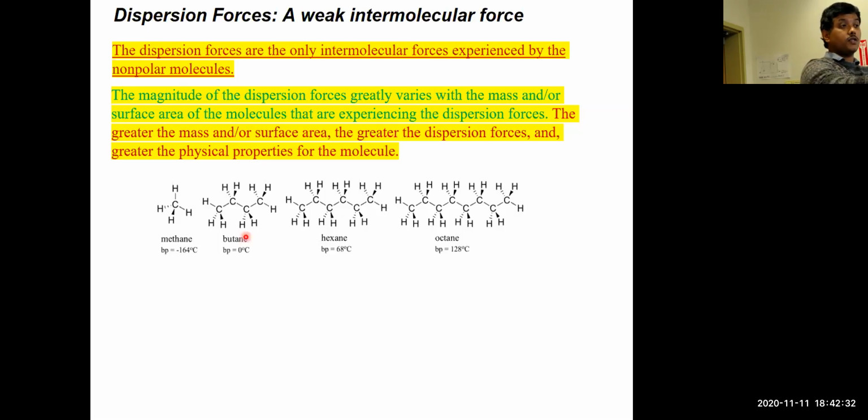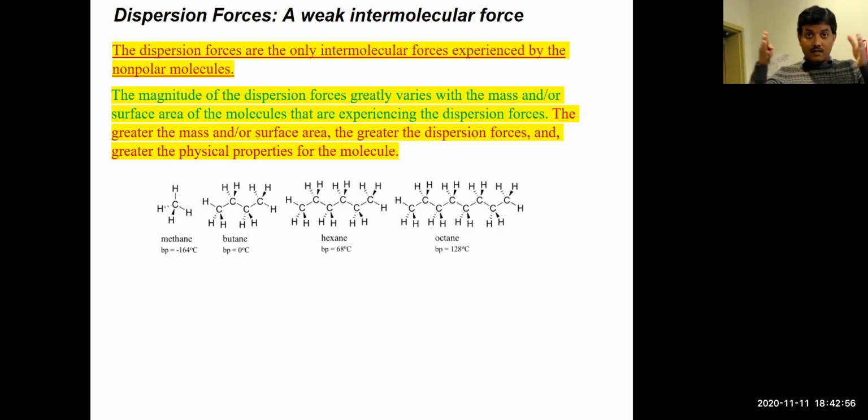Let's compare butane with a molecule that contains 2 more carbons than butane, which is hexane. The boiling point jumped from 0 degrees Celsius to 68 degrees Celsius. See the huge difference there. What's the only difference between them is one is a little bit larger because of 2 extra carbons, so mass is bigger, and so does surface area increase.